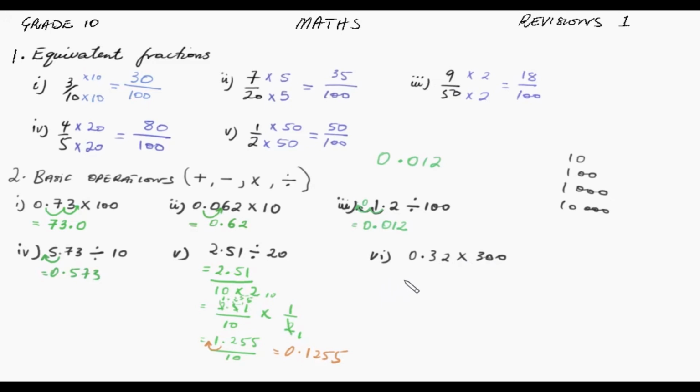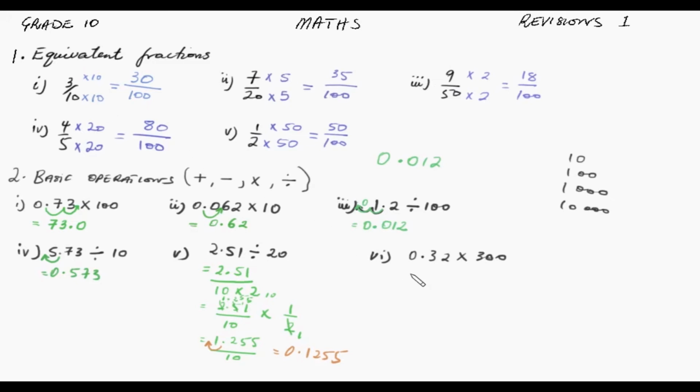What do we do? You are multiplying by 300, not by 100. So let's make it 100 times 3. So you can say I have this.